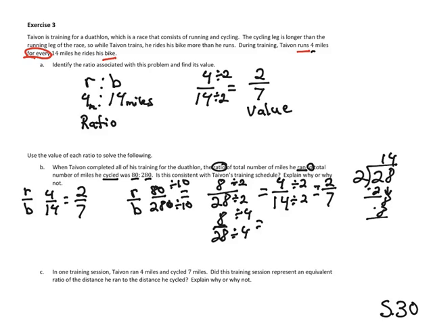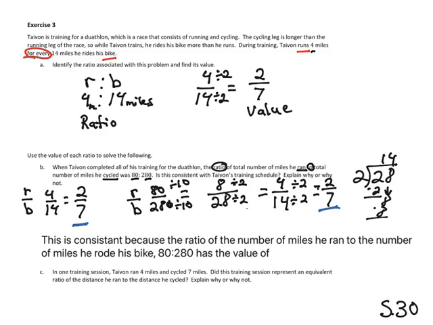And I would have skipped a step and immediately got to the 2/7. Both of those work. Just wanted to show you that. All right, so now the question is, is the value of the first ratio the same as the value of the second ratio? So the first ratio, the value was 2/7, and the second ratio, the value is 2/7. Therefore, they must be equal.